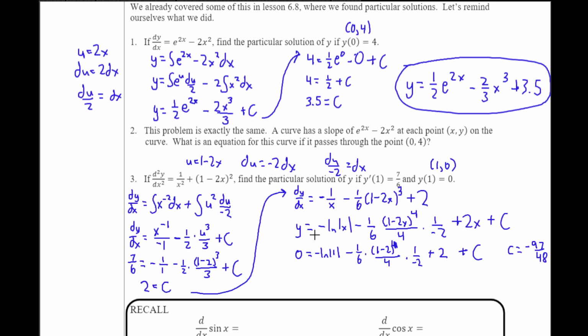Now you plug the c value back into your equation. So y is equal to negative ln absolute value of x, then 6 times 4 times negative 2 is negative 48, and it's a minus sign, so plus 1 over 48 times (1 minus 2x) to the fourth power, plus 2x minus 97 over 48.